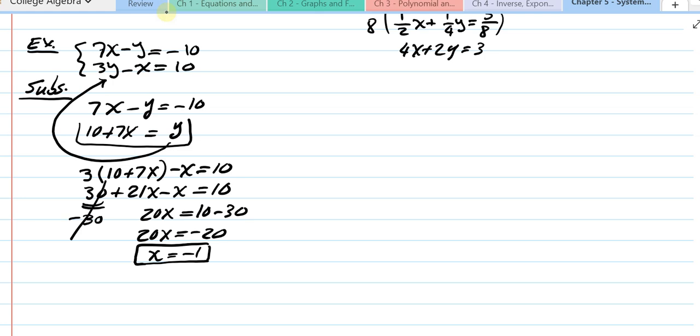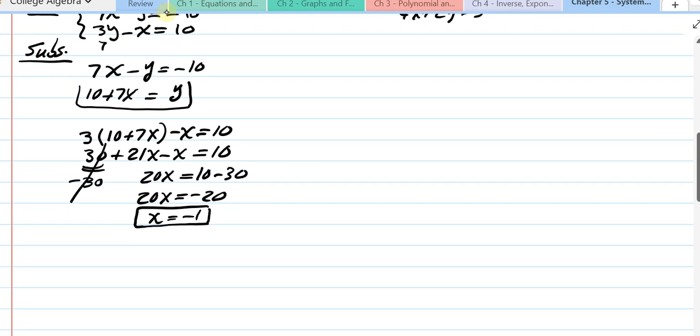by substitution method. Now, of course, we solve for one of the variables. We need to solve for both variables, correct? At this point, we're going to back substitute in here for x and determine what y is. So back substituting, I'm going to get the following.